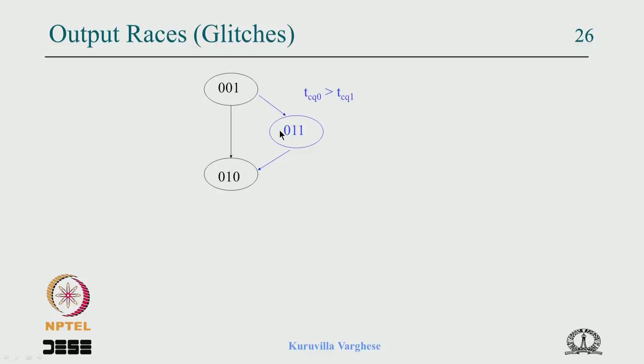Okay. So that is what is shown in the picture. I am saying that the propagation delay of Q0 is larger than TCQ1, or Q1 is faster. So Q1 becomes 1 and for some time Q0 remains 1, then transits to 0. So 001 becomes 011 and ultimately it becomes 010.